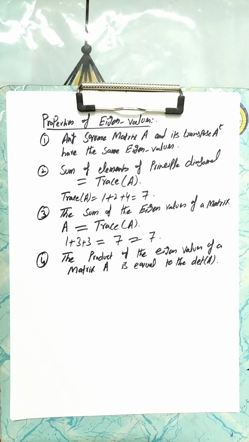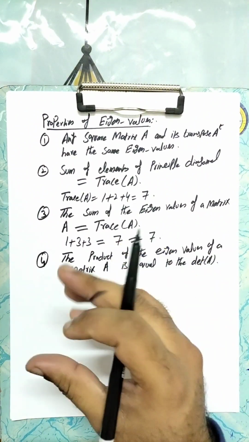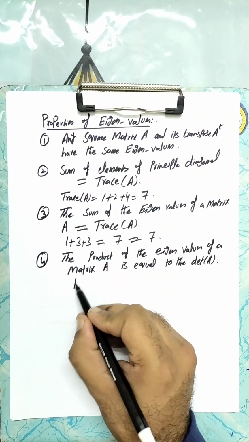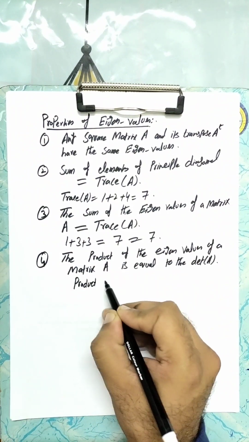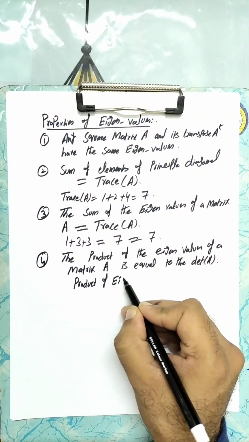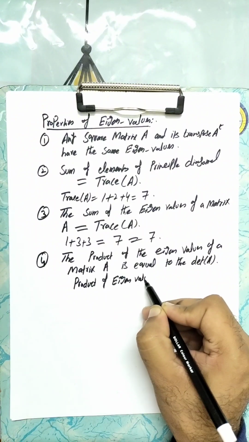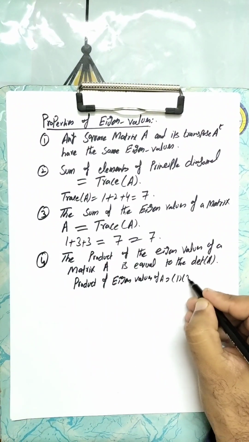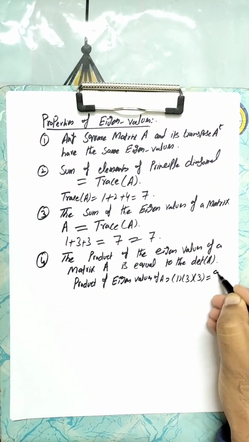And this property says that the product of the eigenvalues of a matrix A. So the product of eigenvalues of A, 1, 3 and 3, is equal to 9.